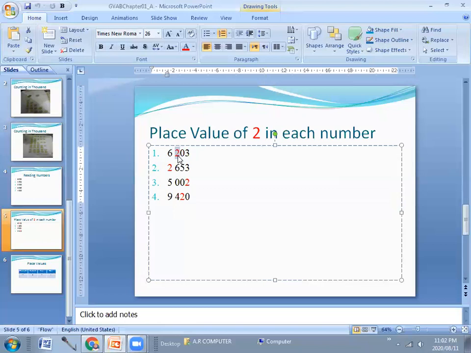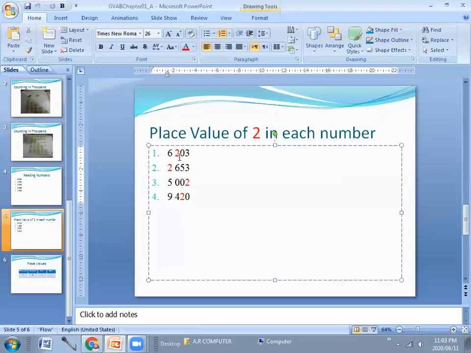I am repeating, there is a difference between place value and value. Let me ask you one question. What is the place value of 2? You should answer, the place value of 2 is 100, because 2 is at the 100 place. Ones, tens, and 100.